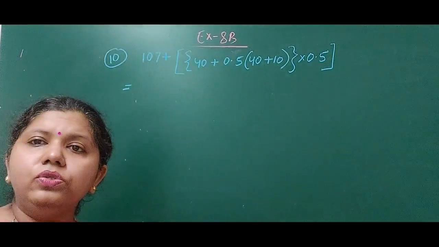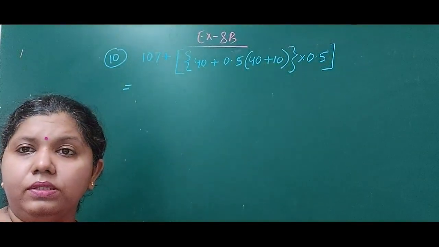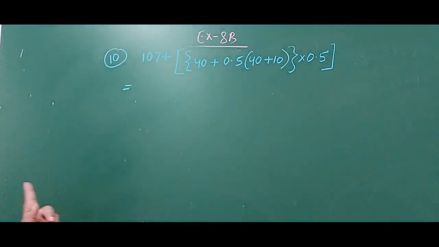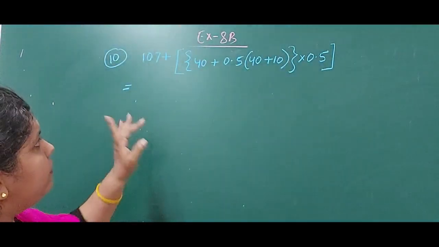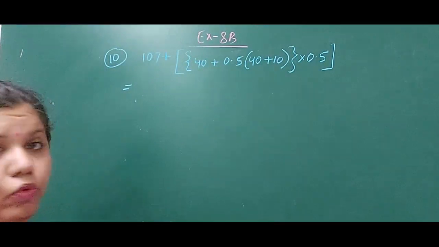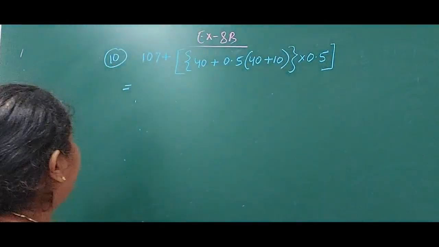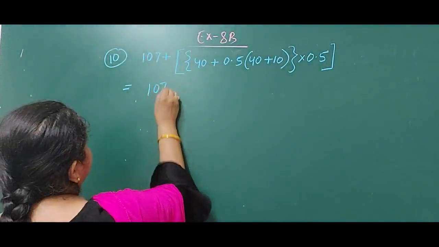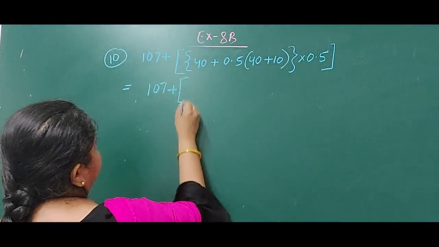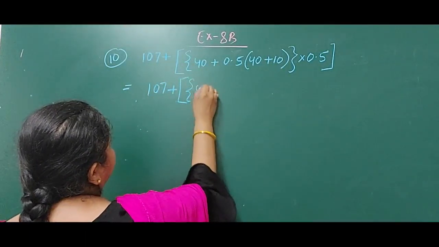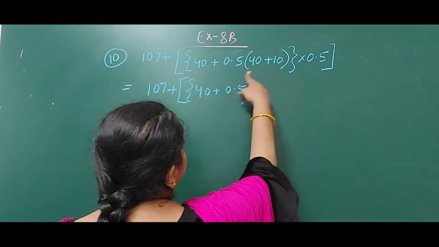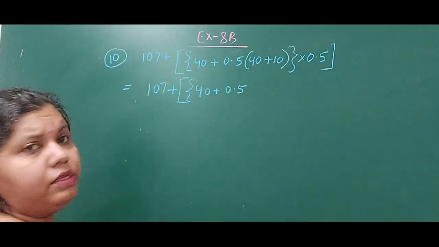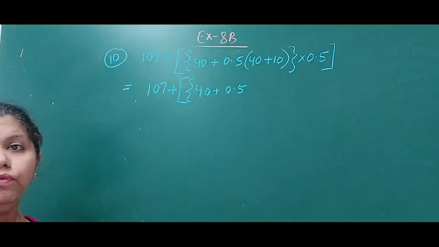Okay. Now let us do one question, question number 10 from the same exercise. These questions are based on decimals. So same process. First we will solve the inside bracket and gradually move to the outside brackets. Now 107 plus square bracket open, curly bracket open, 40 plus 0.5 inside the bracket, what you have is 40 plus 10, and what is 40 plus 10?